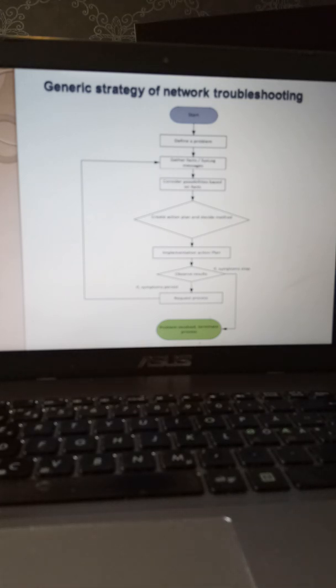The next step is to observe our result, using ping, traceroute and some other commands, to see whether the problem is fixed. If it's not fixed, we go again to the monitoring tools or contact the end users. If it is fixed, no more symptoms exist, and we finish this troubleshooting process.